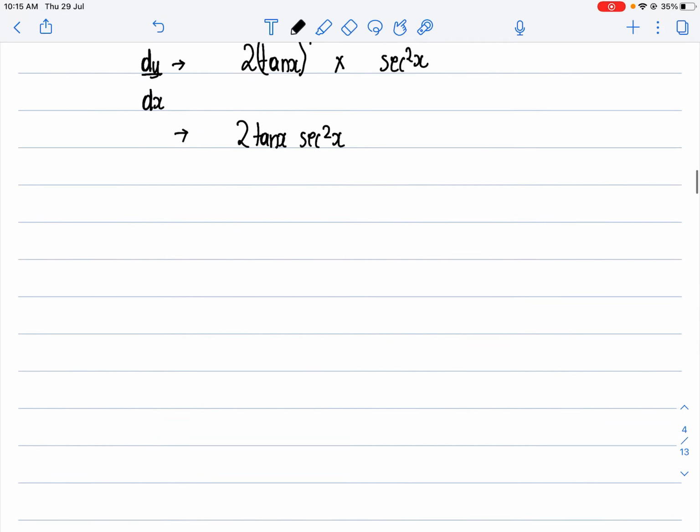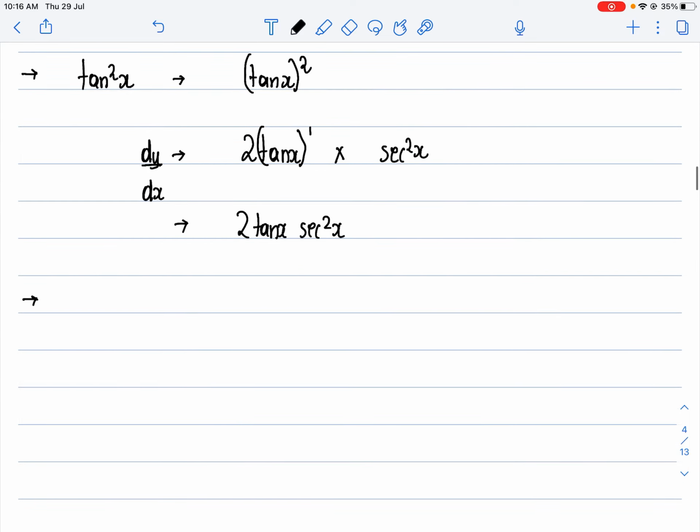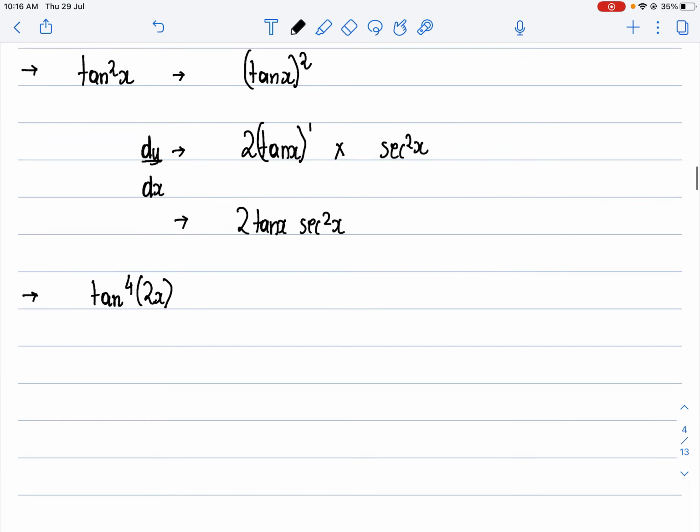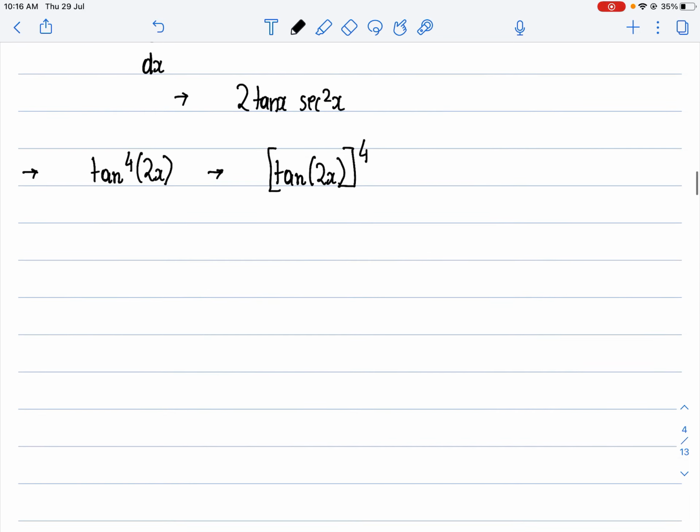Correct? Now, okay, let's say if I have something like tan raised to 4, okay, 2x. If I have something like this, how do I differentiate this? First, convert this into the proper form, which is tan 2x, correct, the whole raised to 4. Correct? This is what I get. So for the outer bracket first, so I'll write dy by dx.